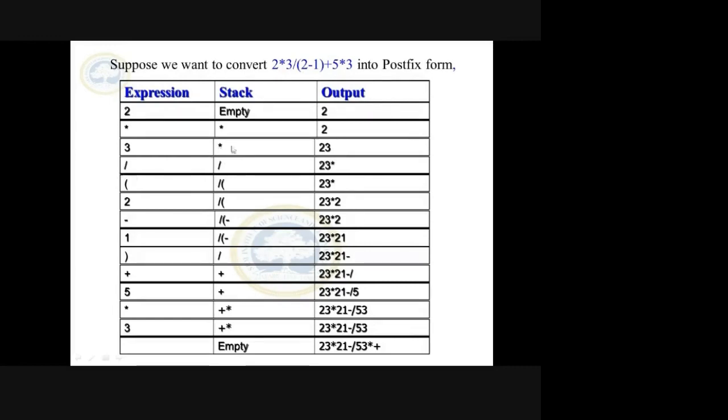When star and slash have equal priority, as I told you, the incoming operator will not enter the stack directly. Pop the one which is in the stack, and don't put slash in the output; take the one which is inside the stack. So star comes out and slash goes inside. I'm repeating: the stack is holding star, and slash is the incoming operator.